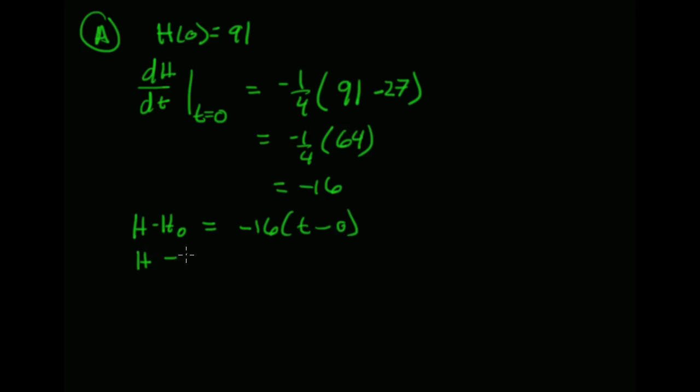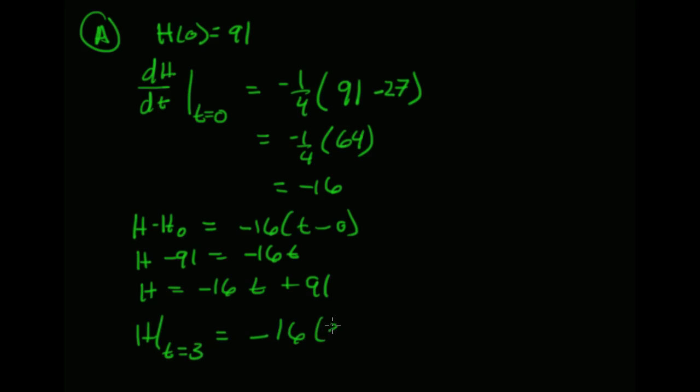So this is h minus 91 is equal to -16 t, which is h is equal to -16 t plus 91. So that's your linear approximation. We want h at time 3, which would be -16 times 3 plus 91, which gives me 43 degrees Celsius. So there you go. That's problem A.